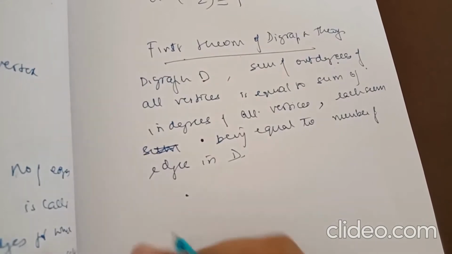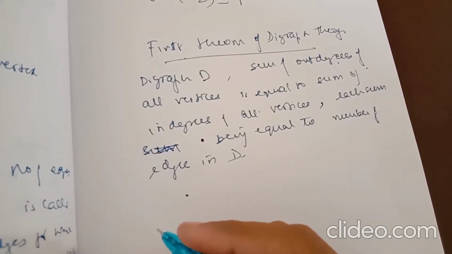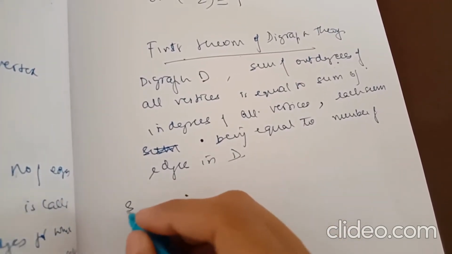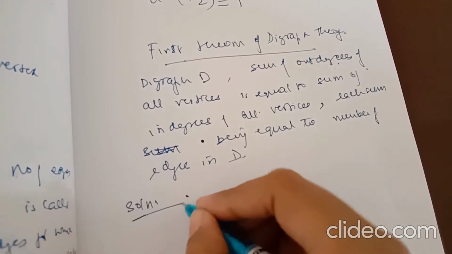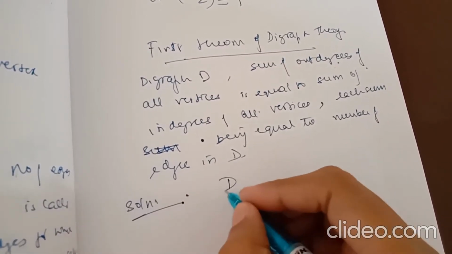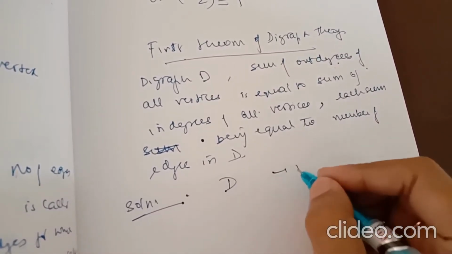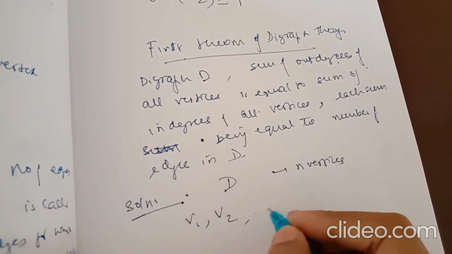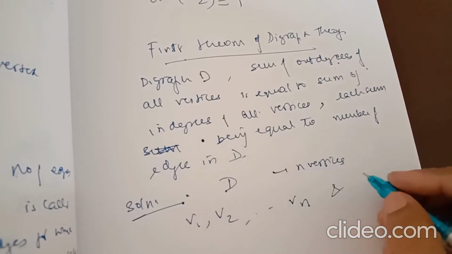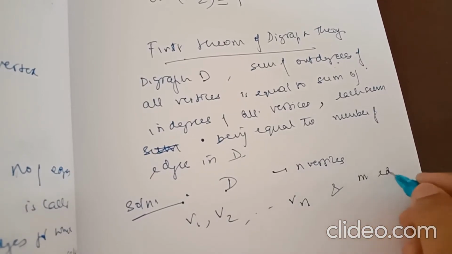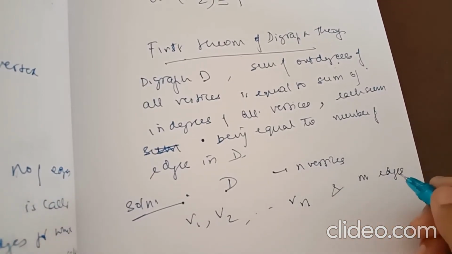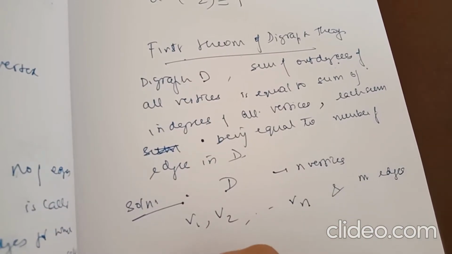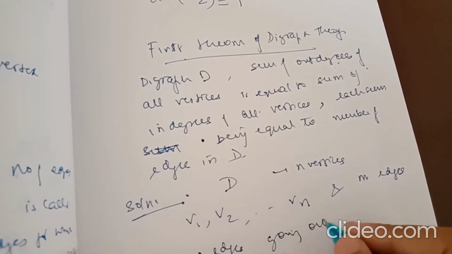So we can start proving this property. Suppose the digraph D has n vertices, which I represent as v1, v2, up to vn, and the digraph has m edges. Let R1 represent the number of edges going out of V1.